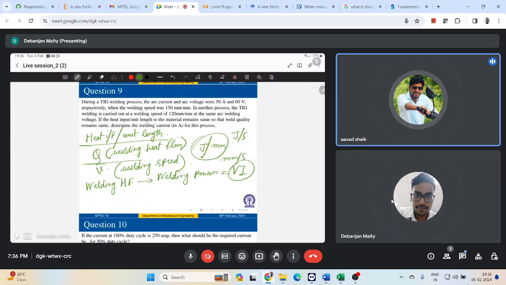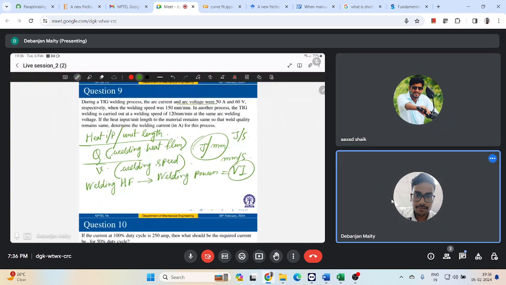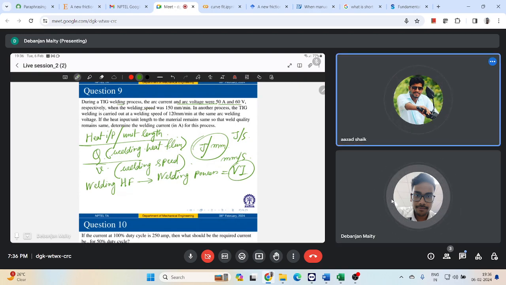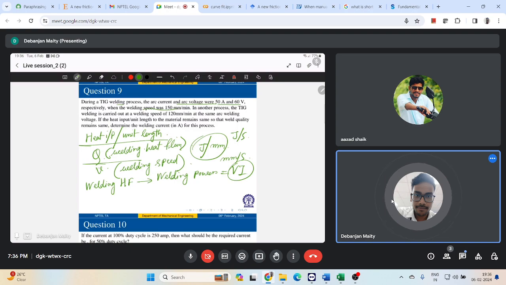It says the current for this TIG welding process is 50 ampere and 60 volt when the welding speed is 150 mm per minute. In another process, the welding is carried out at a welding speed of 120 mm per minute, at the same arc welding voltage.